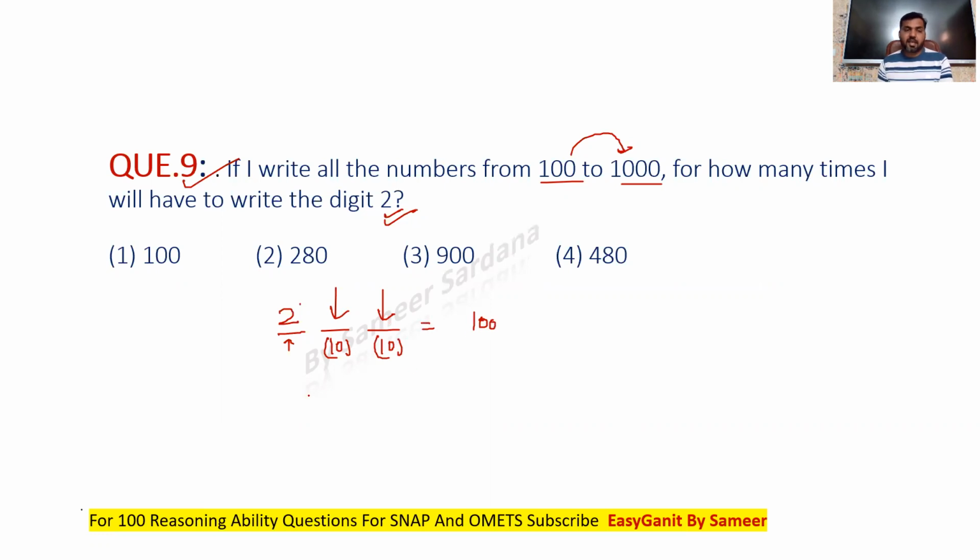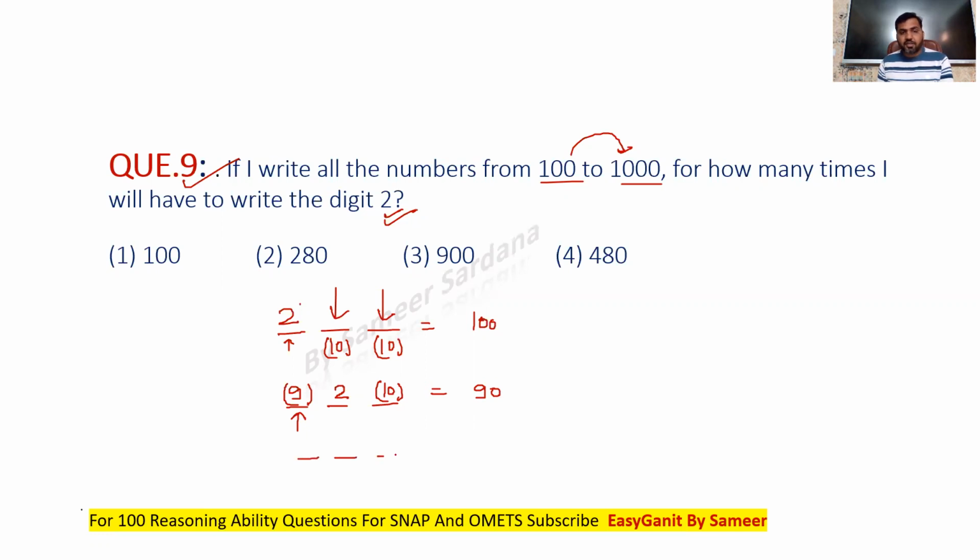Then, if I'm fixing 2 at this place, this place cannot be filled with 0 because I'm supposed to write 3-digit numbers. So this place can be filled in 9 ways, and this place can be filled in 10 ways. There will be a total of 90 such numbers.